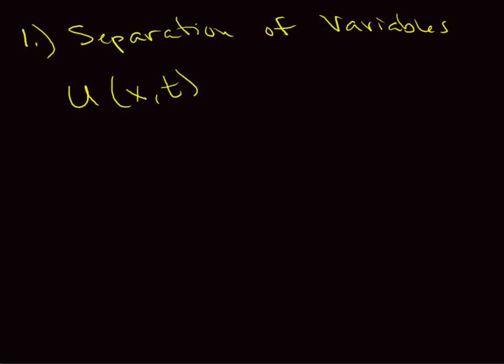So let's go through step one. Separation of variables. And with the separation of variables, what we're going to do is we're first going to create a new function. And this new function is going to be u of x and t equals X of x and T of t.